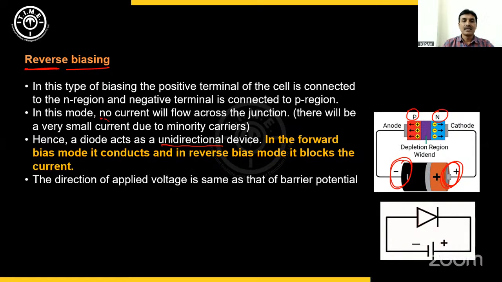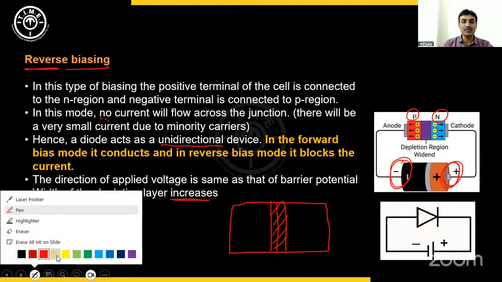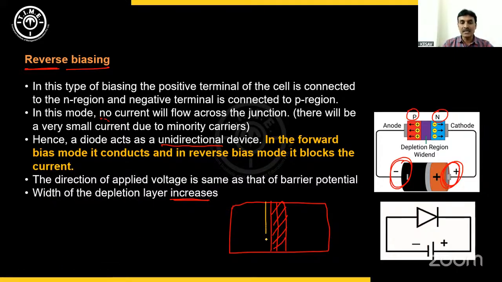So the direction of the applied voltage is the same as that of the barrier potential in reverse bias mode. The width of the depletion layer increases in this case. For your better understanding, see, across the junction there is a depletion layer. This is the original depletion layer, right? But when it is connected in reverse bias mode, the depletion layer extends up to here.